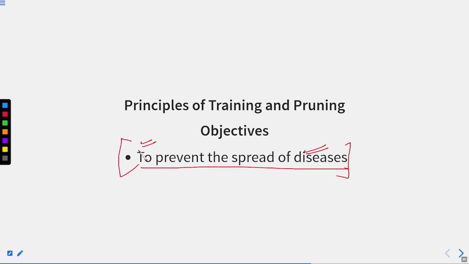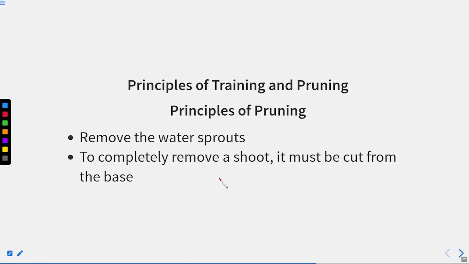Suppose some of the leaves have become diseased with fungus, so you can cut those leaves, remove those leaves, and burn them so that all the spores of the fungus present on the leaves do not infect the other plants, right? In this way, you can check the growth of the fungi or any bacteria that cause disease to the plant. So it prevents the spread of disease. Pruning helps in preventing the spread of disease.